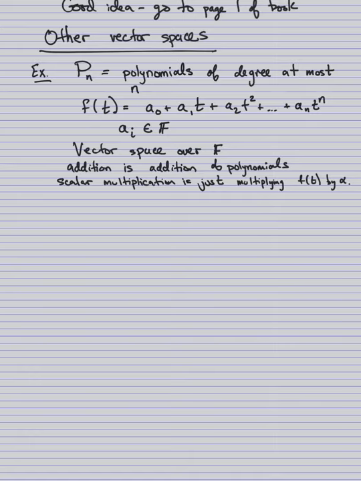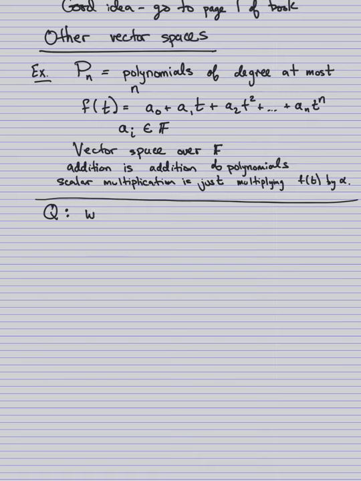Each term gets multiplied by alpha. Again, you don't have to check all the axioms, but you should think about why this should work. And maybe I'll pose a question, which I'll pause on and then give the answer.